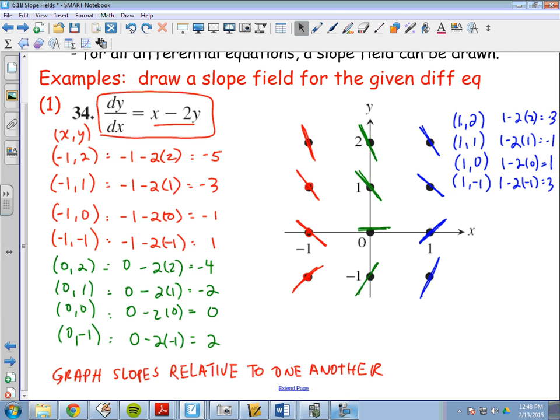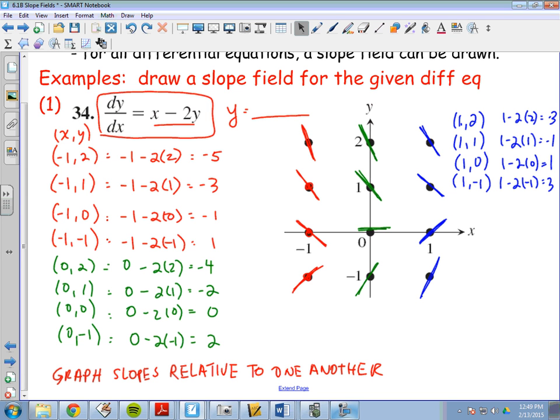The idea of a slope field is that it follows the graph of the original equation, but you don't know what c is. The graph of the original equation, the general solution, follows the slope field. If I were to graph y within this, it would follow the slopes that I just drew.